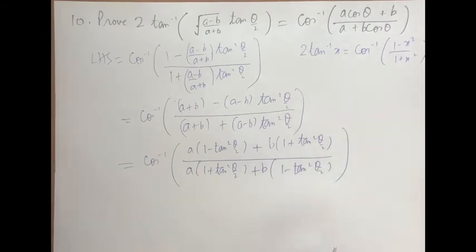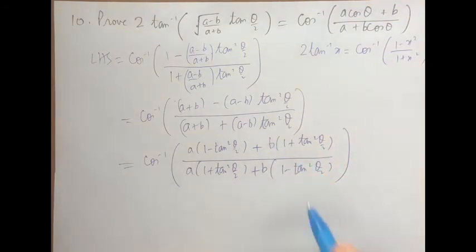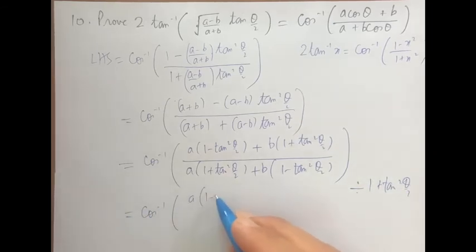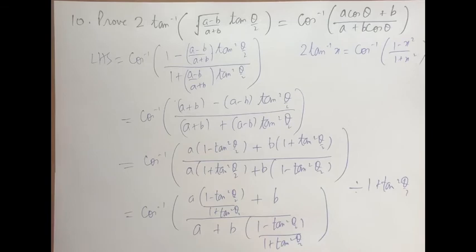In the final answer we want b here and we want a here, so we should divide throughout by 1 plus tan square of theta by 2. This is cos inverse of a into (1 minus tan square theta by 2 upon 1 plus tan square theta by 2) plus b here. This is a plus b into (1 minus tan square theta by 2 upon 1 plus tan square of theta by 2), that's cos inverse.